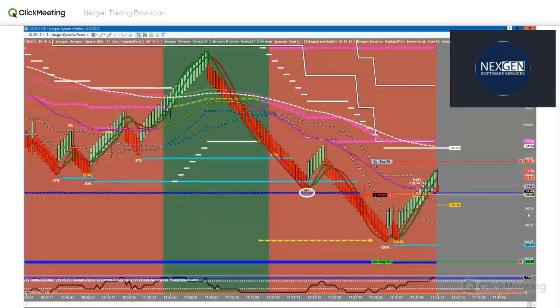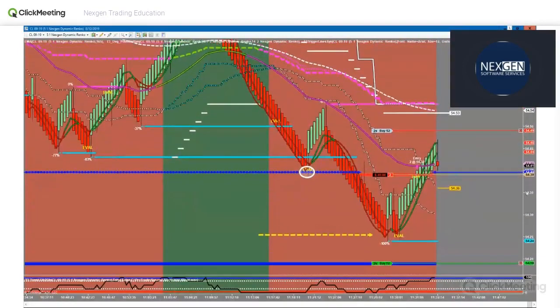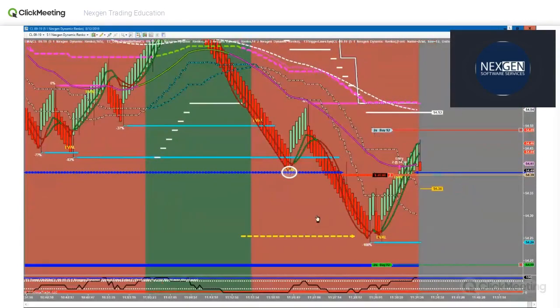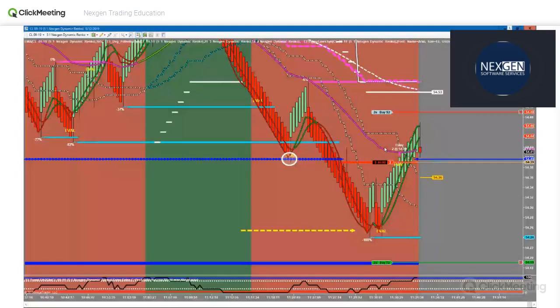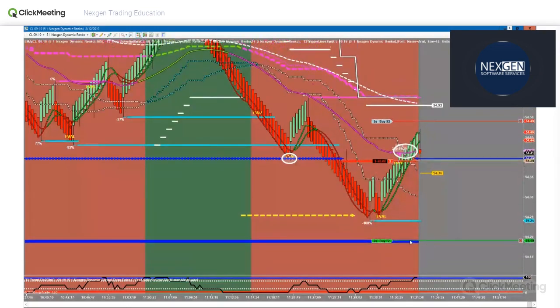And if it breaks, we end up with trend trade short. And again, we try not to dictate to the market, right? We let the market dictate what's going to happen. So, yeah, probably could have gotten a tick or two better, but whatever. As long as it goes down to the fib, then we're going to be okay. Or as long as it doesn't change colors or stop me out.